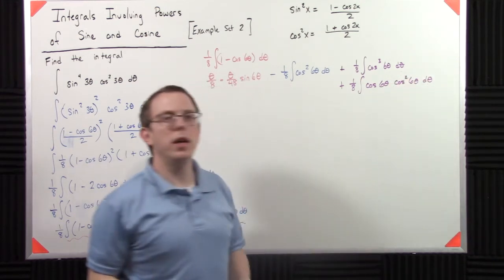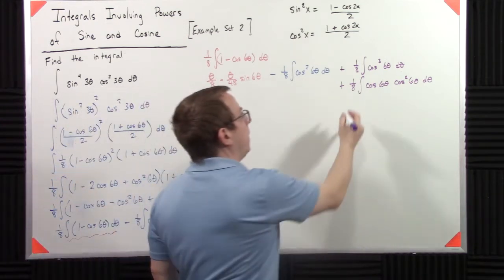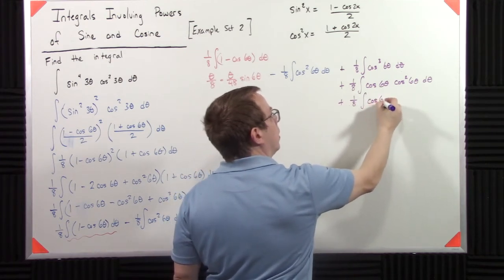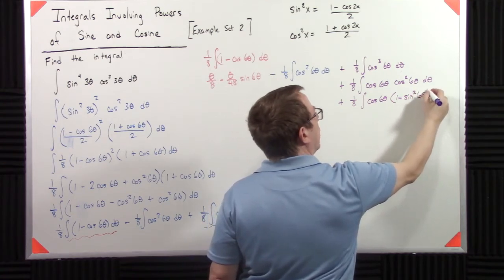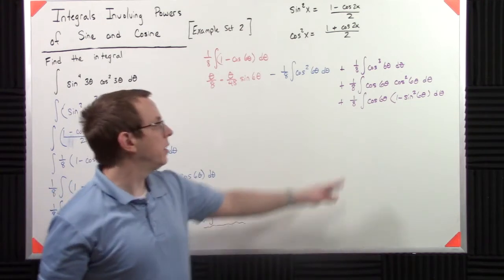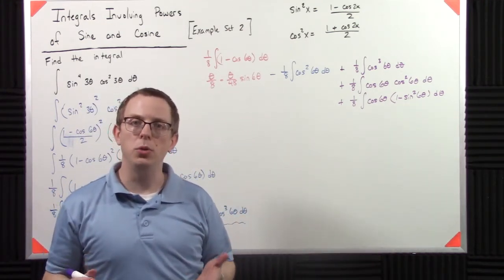So I can separate that into cosine 6 theta and cosine squared 6 theta d theta. I can use the Pythagorean identity to set this up, 1 minus sine squared 6 theta d theta. So then I can use a u substitution.